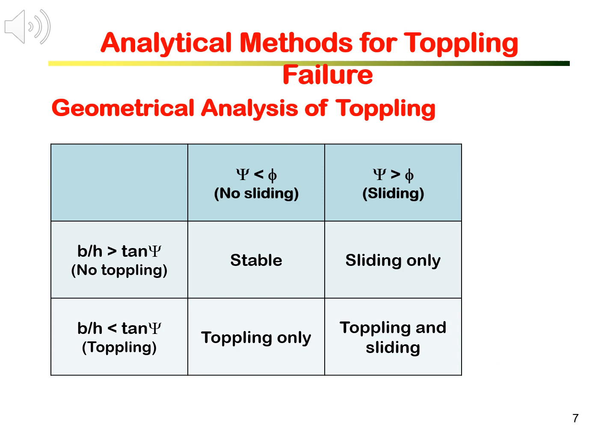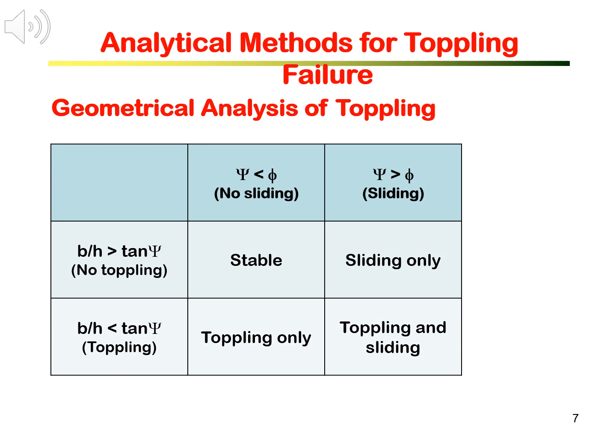Here is a summary of the geometrical and the mechanical conditions of toppling failure of rock slope formed by rock blocks. The summary is also shown on the diagram of the last slide. Rock block is stable when the tilt angle is smaller than the base friction angle, and B over H is greater than the tangent of the tilt angle.